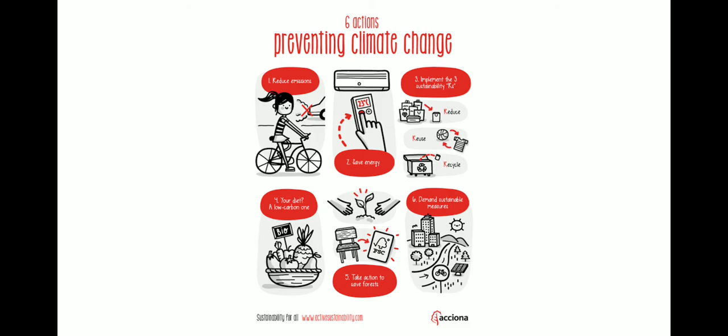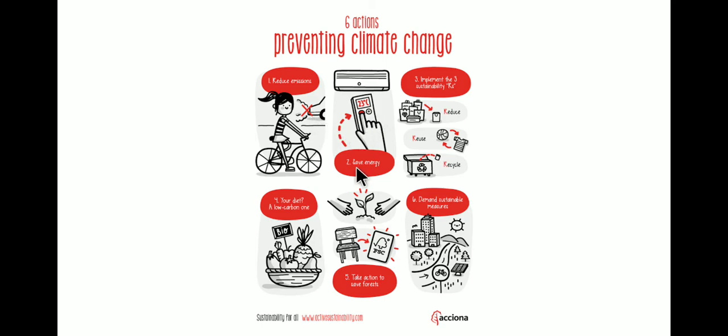There are a few ways by which we can control the greenhouse gas emissions. We can reduce the emissions. Over here, see, the fossil fuels are being burned. So instead of using a car for short distances, we can use a bicycle, or we can just simply take a walk, and we can avoid the production of carbon dioxide.